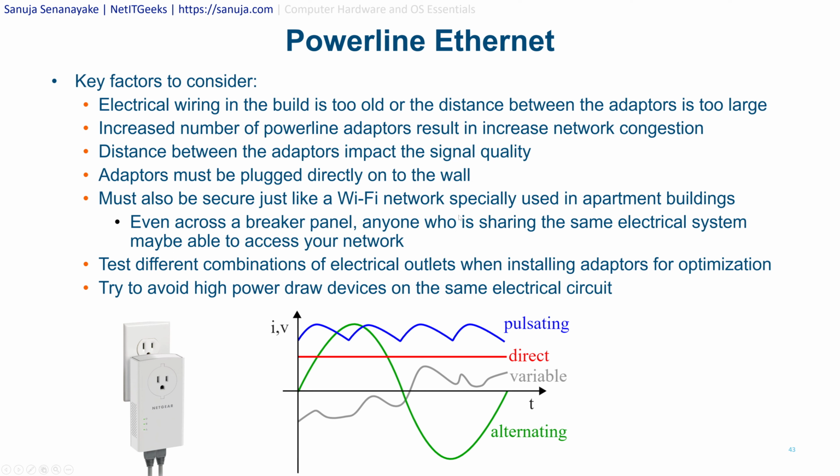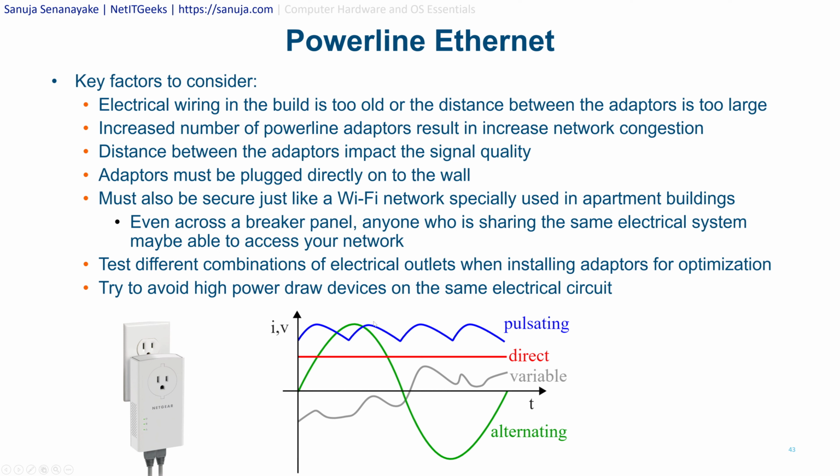So how the power line adapters work is basically your AC current goes like this, alternating current, and you have a lot of space in the frequency where you can send some kind of a pulsating signal like this one, and that frequency is being utilized by the power line Ethernet connections.